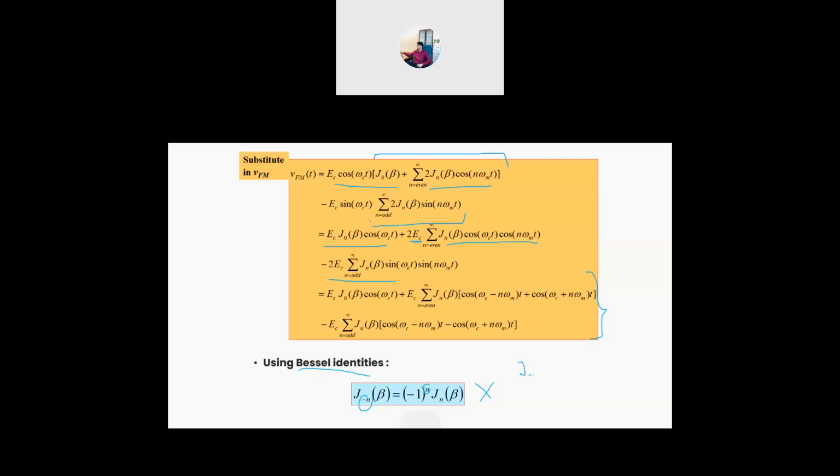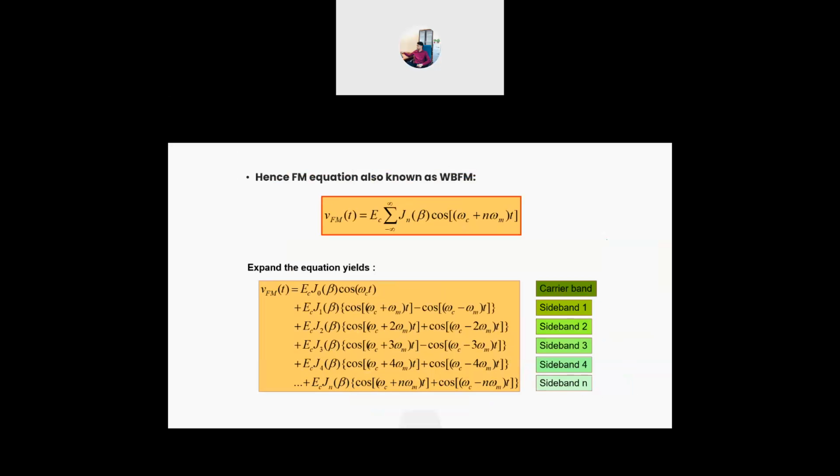For example, J_negative 2(beta) is (negative 1)^2 J_2(beta), which is J_2(beta). What if you have J_negative 3, or J_negative 4? You can try this at home.